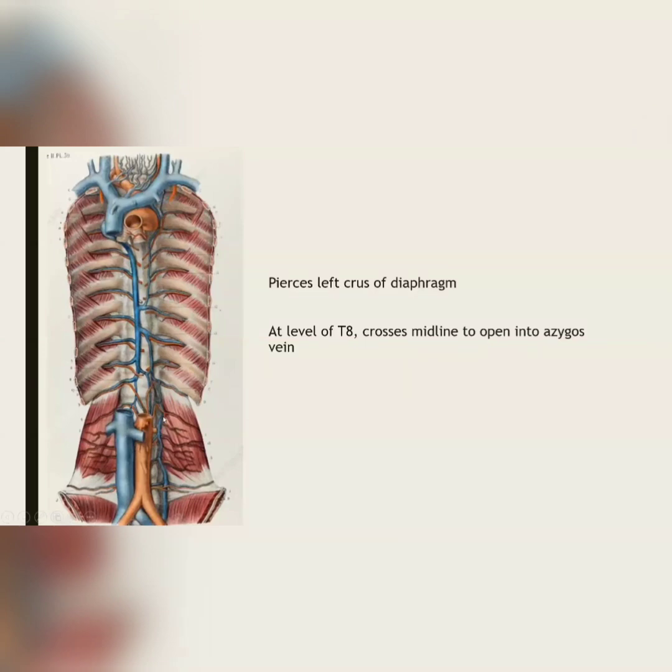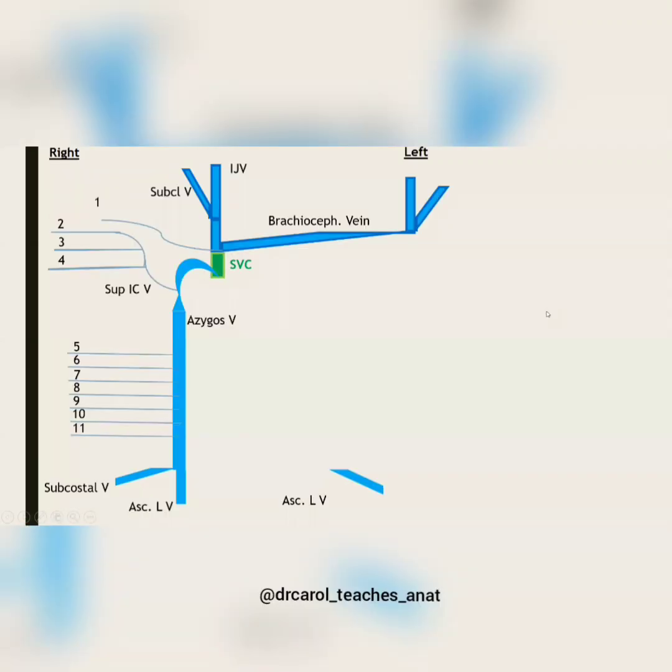The course of the hemiazygos vein is slightly simple. Formed in the posterior abdominal wall, pierces the left crus of the diaphragm, ascends vertically along the left side of the vertebral column. At the level of T8, crosses the midline. The left subcostal and left ascending lumbar veins together will form the hemiazygos vein, and the hemiazygos vein at the level of T8 crosses the midline and drains into the azygos vein.